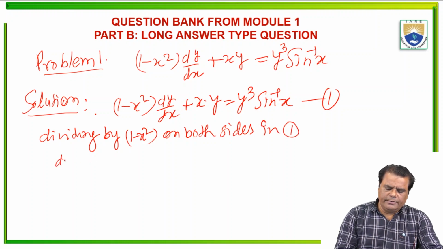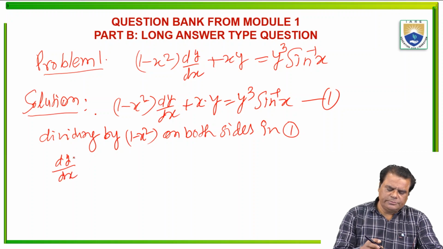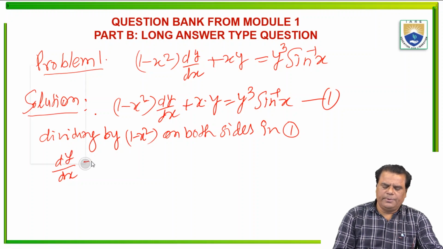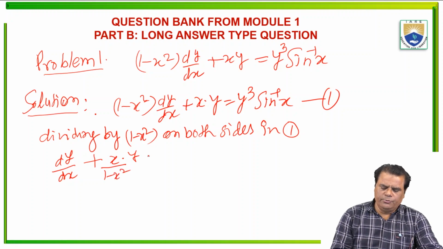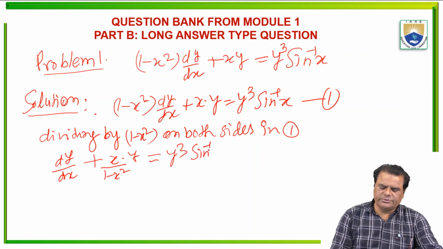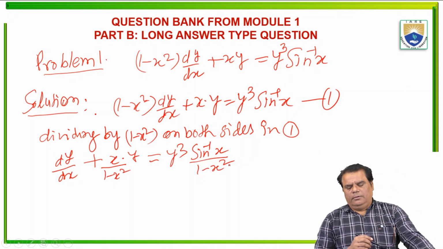So here, dy dx plus x into y upon 1 minus x square equal to y cube sin inverse x upon 1 minus x square. Okay, this is equation 2.